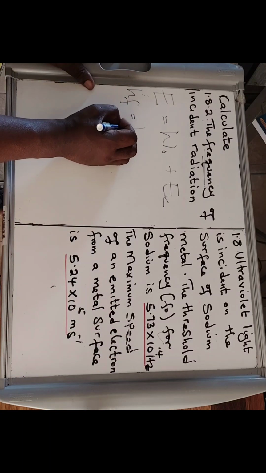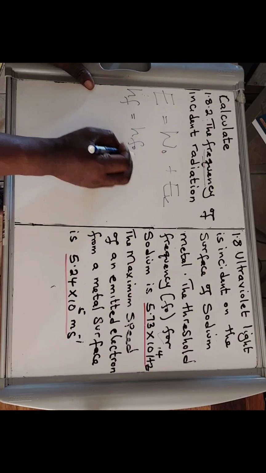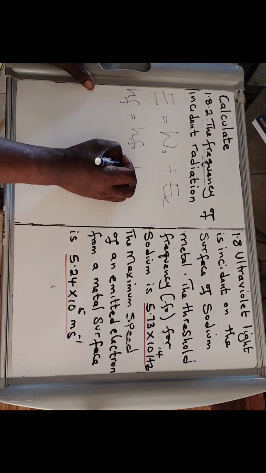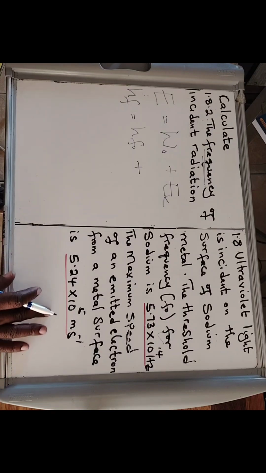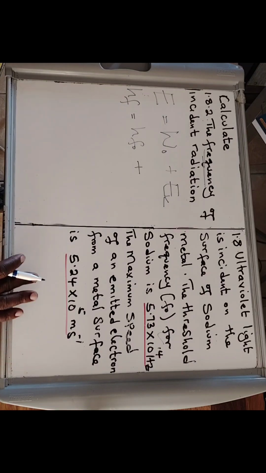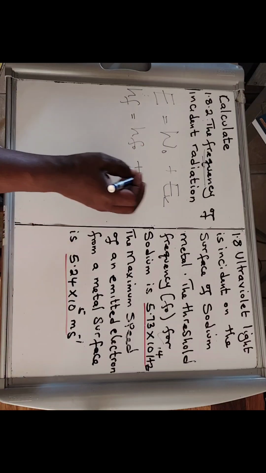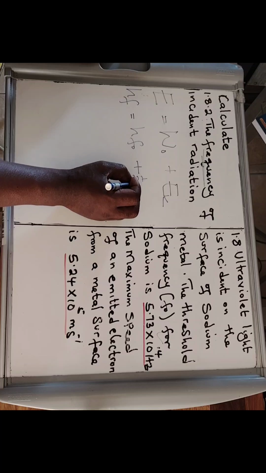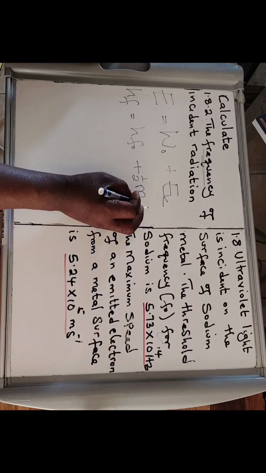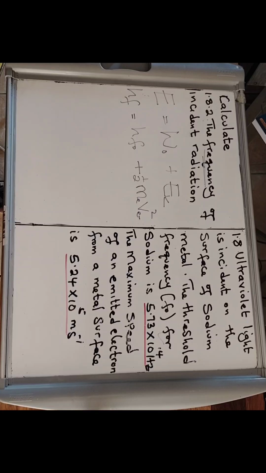So this one changes to hf naught to accommodate that. Then next you have the speed of the emitted electrons. So EK, you split it accordingly. You have a half mass of electron times velocity of emitted electron squared. So that's the equation you have.